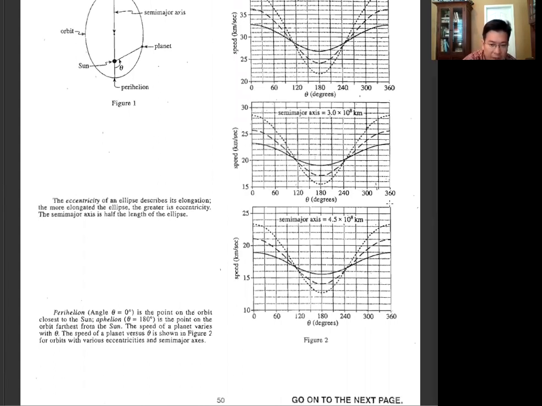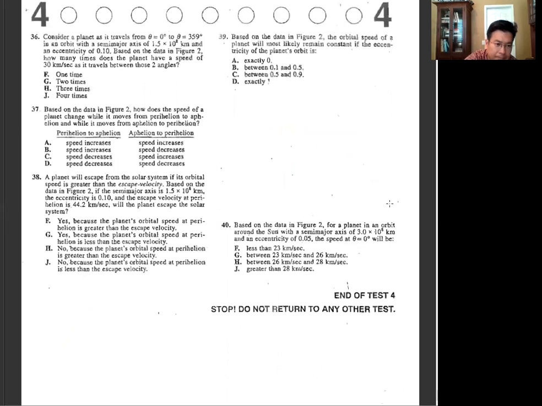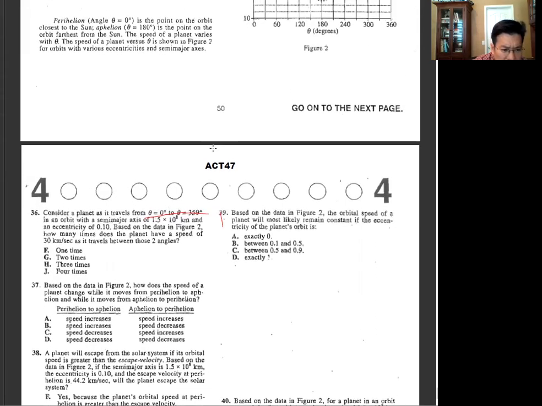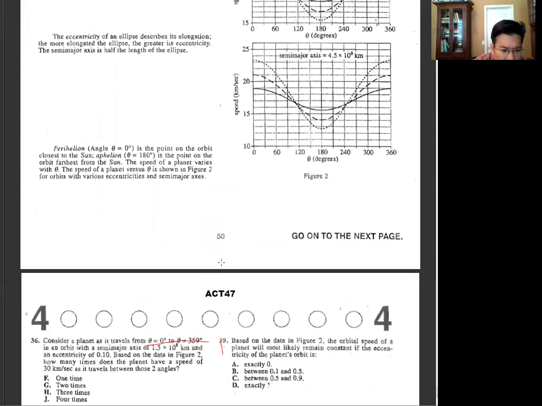And then move on to the last passage, 36. It says consider a planet that travels this orbit with a semi-major axis of this, and then eccentricity is this. Based on data in figure 2, how many times the speed of this one between these two angles? Okay, so figure 2, and then 1.5.